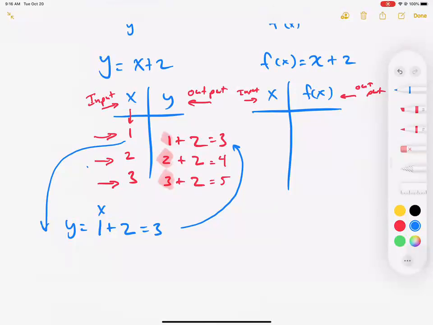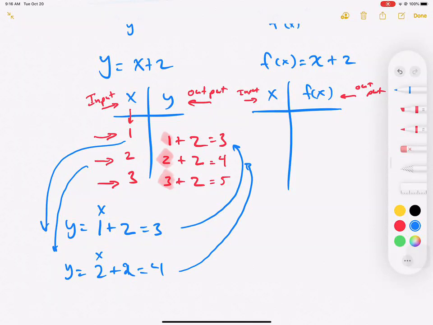If I plug in 2, y is equal to 2 plus 2 because x is now 2. So 2 plus 2 is now 4. Our y value is now 4. So a table allows us to organize our values a lot faster without having to write everything over in this messy way.